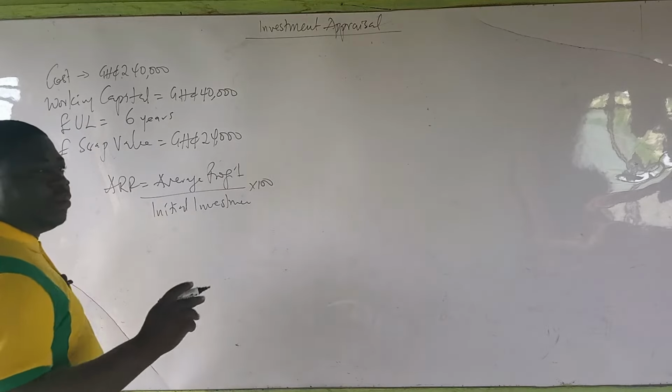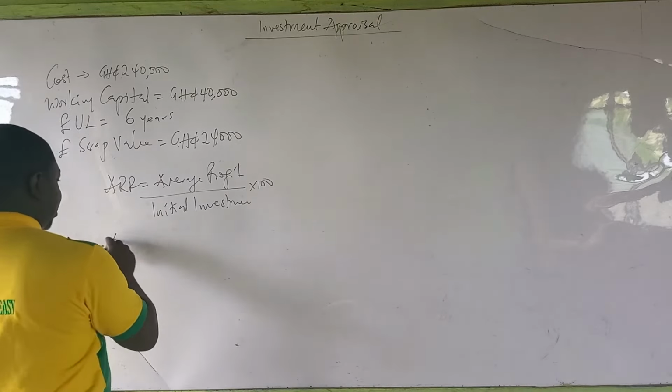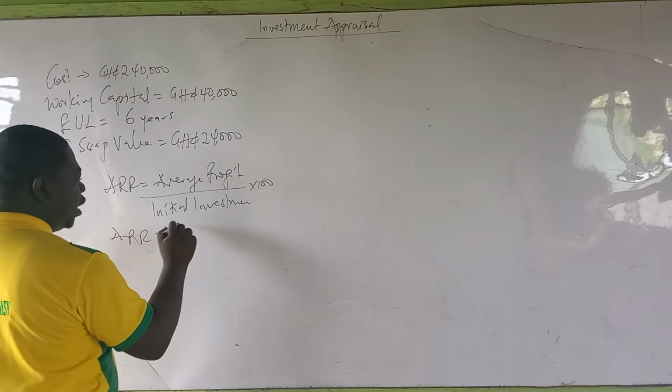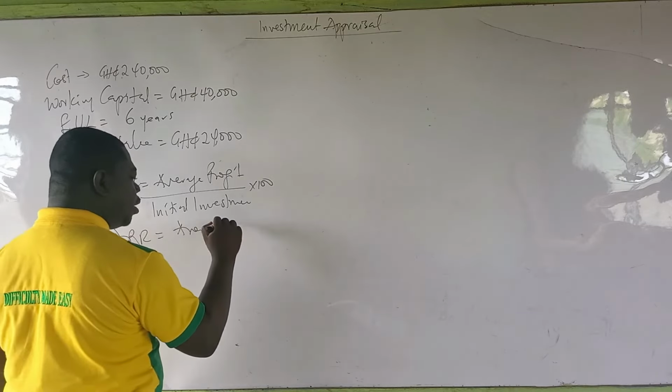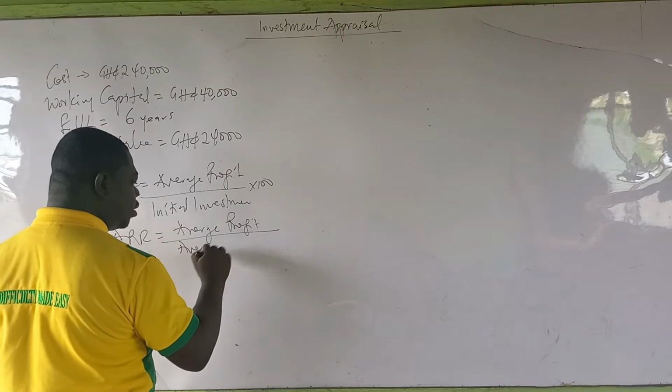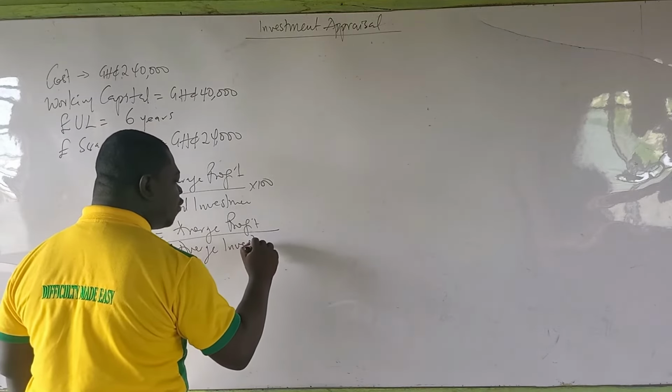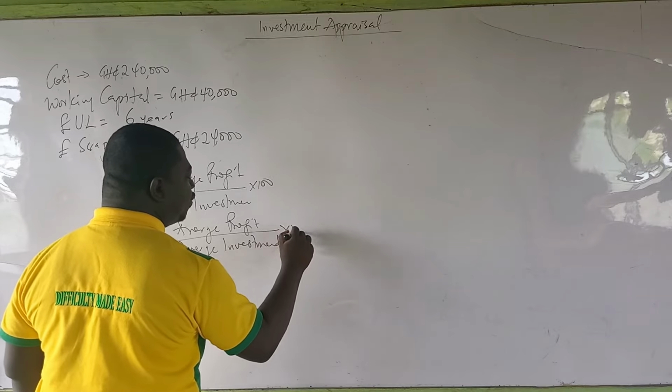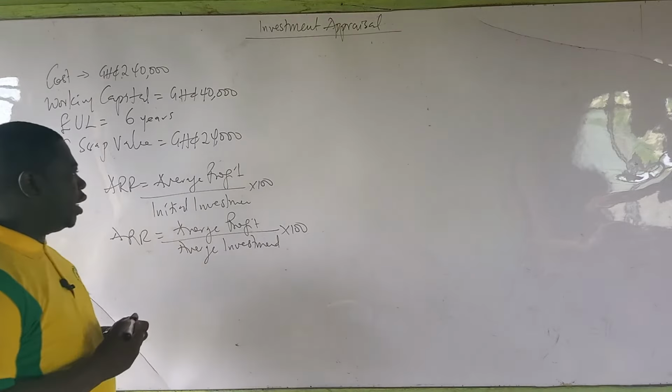If you are going by the average investment approach, your accounting rate of return is your average profits over the average investment. And I have already taught you the formula for finding the average investment. And I'm going to do that again, times 100.